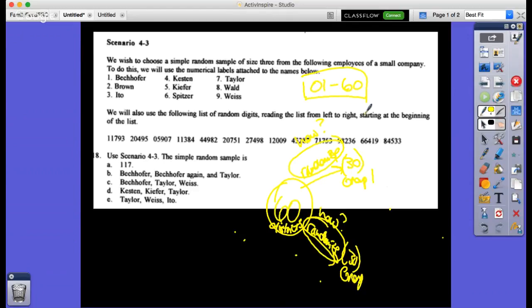I then use a random digit table, ignoring any repeats or numbers that are outside of my range. Once I go through, I select the first 30 random numbers, and I put those first 30 random numbers into group 1. The remaining 30 that I did not select go into group 2.